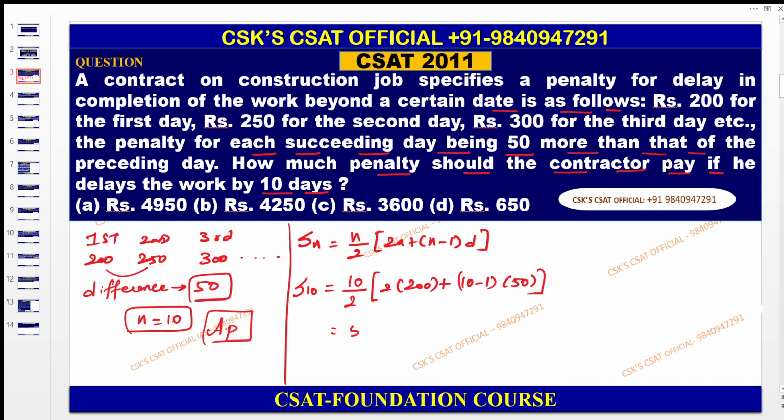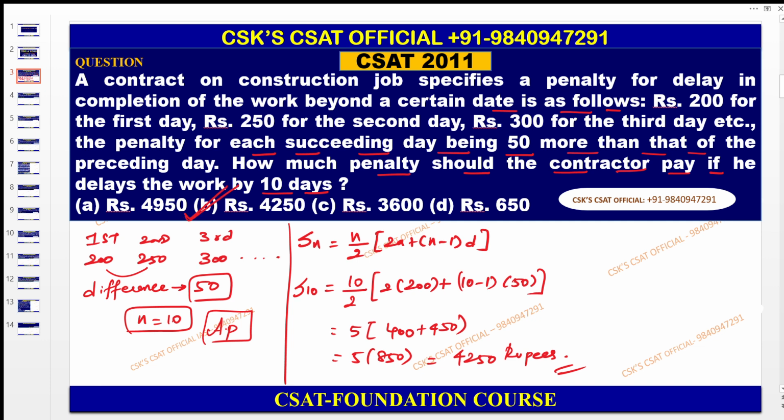So 9 into 50 becomes 450. Then 5 into 850 becomes 4250 rupees. So the answer for the question here is B.